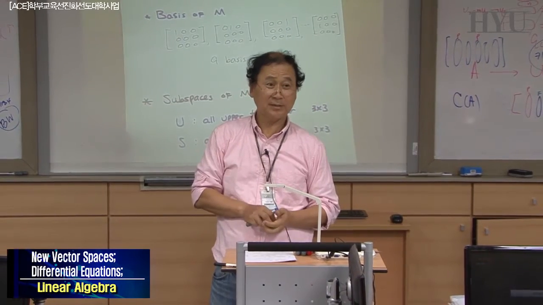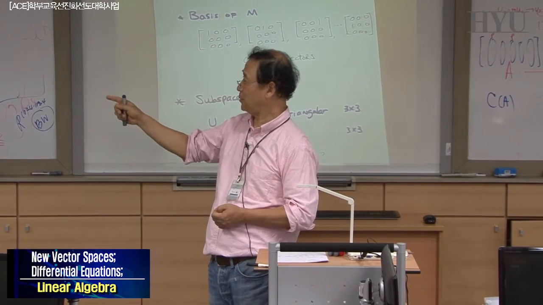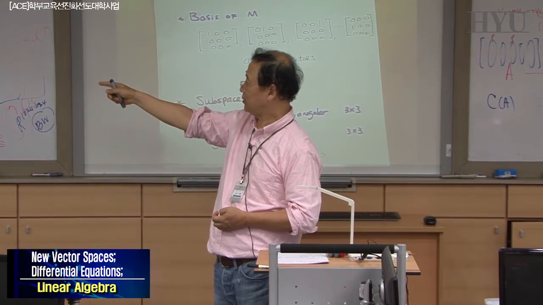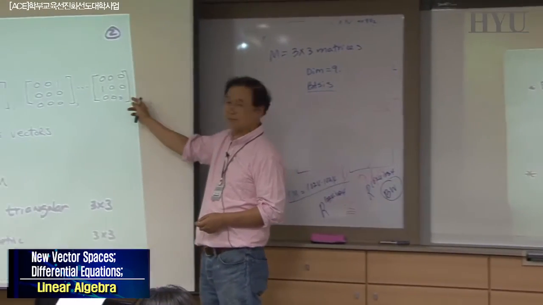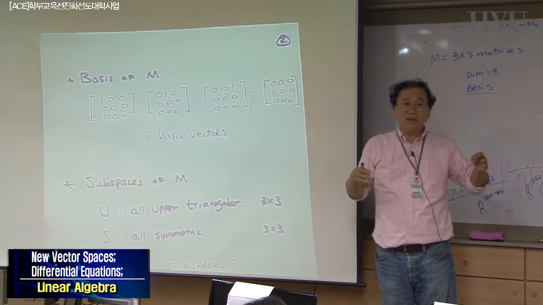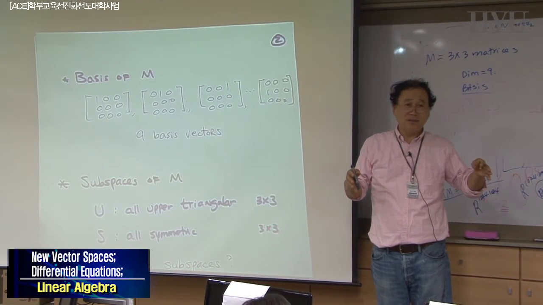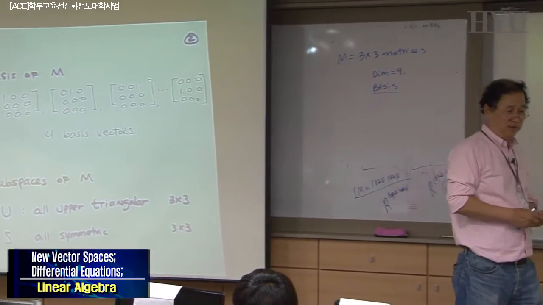How about this one? 1, 0, 0, then 0, 0, 0, whatever, and so on, up to 0, 0, 1. It's 9 of them, right? So you can combine them linearly, then it becomes the whole space, right? So that's how you find the 9 bases.